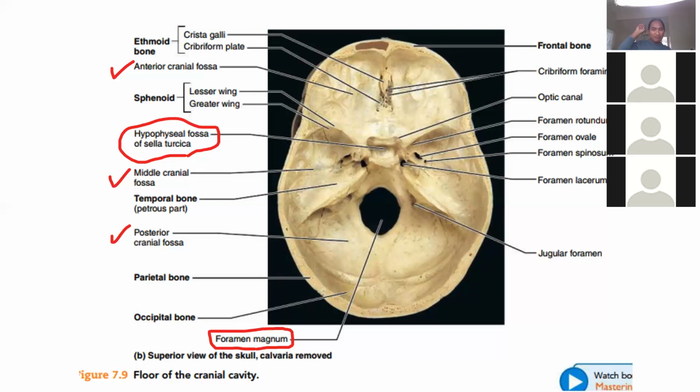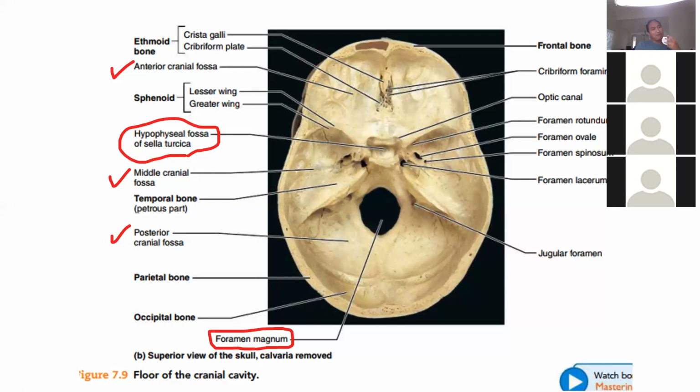So now you remember the holes at the base or floor of the cranium, which give the passage for the brain contents coming out, like cranial nerves, from the cranium into your body.